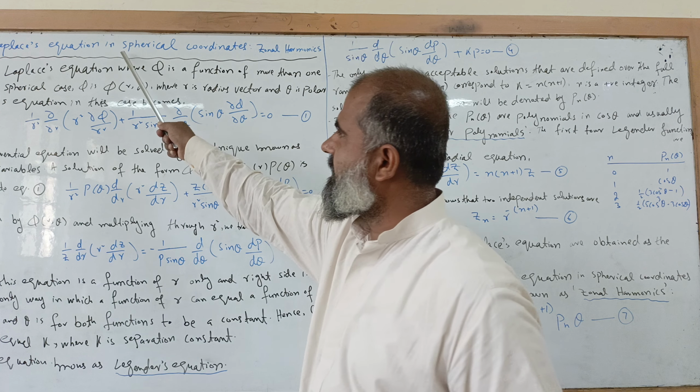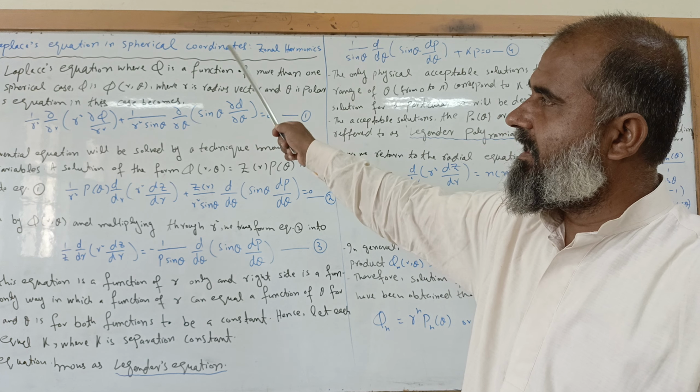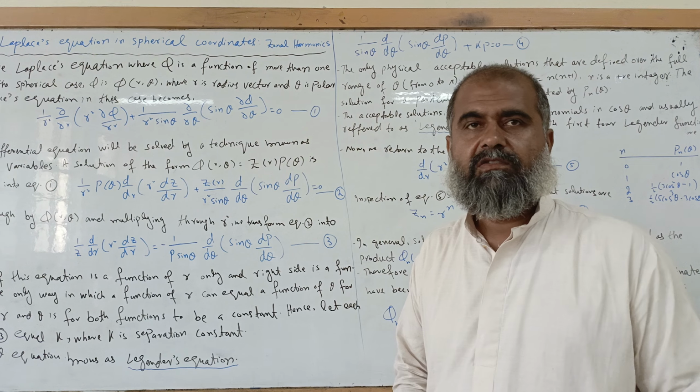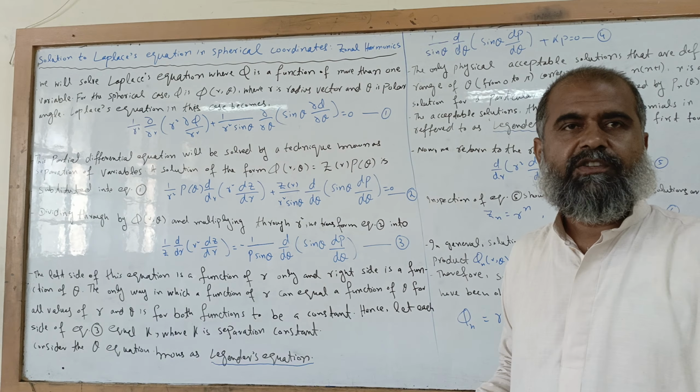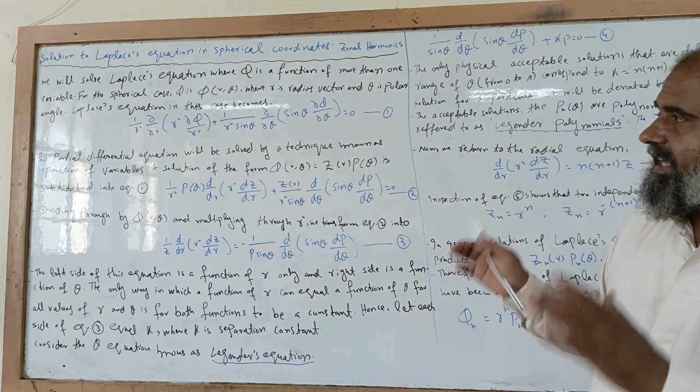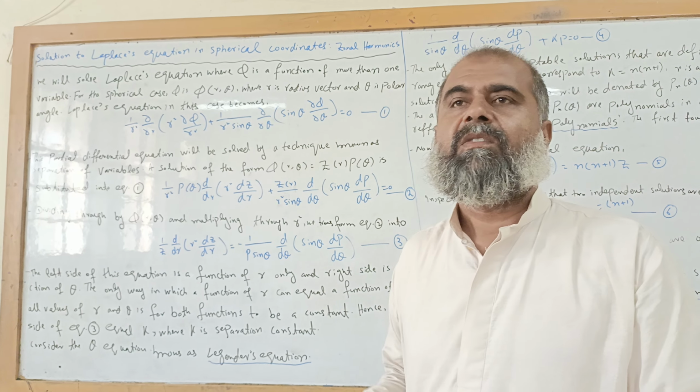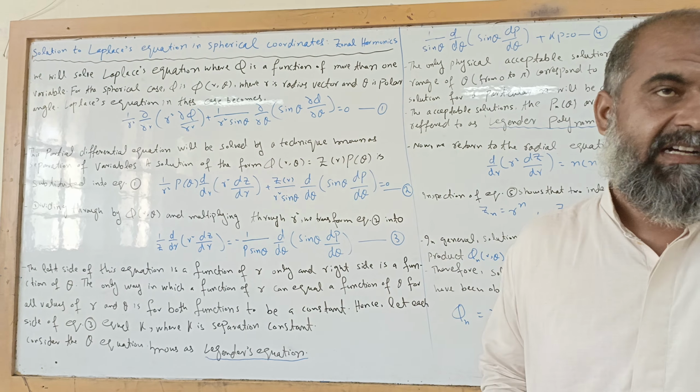Because we wrote in the title of the article zonal harmonics, this was our today's topic that we have discussed. We have written the Laplace equation in two coordinates, one was r and the second was theta.